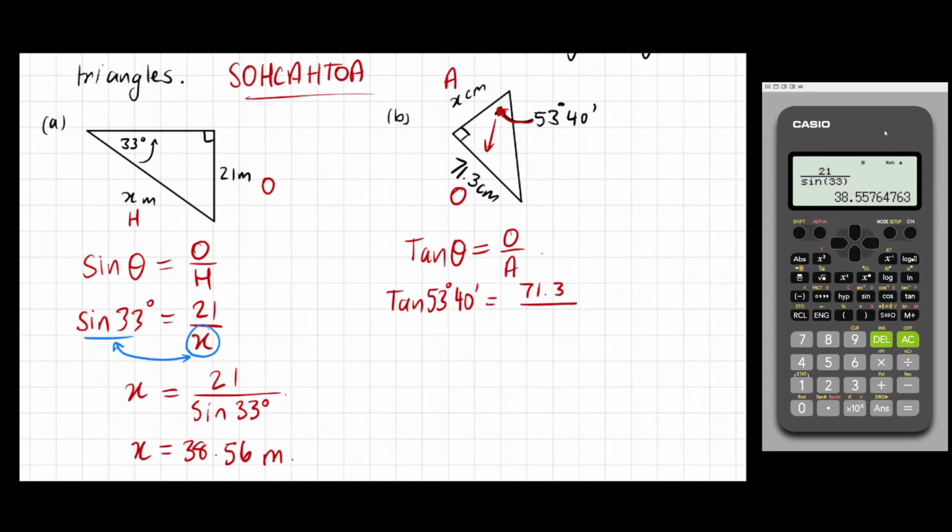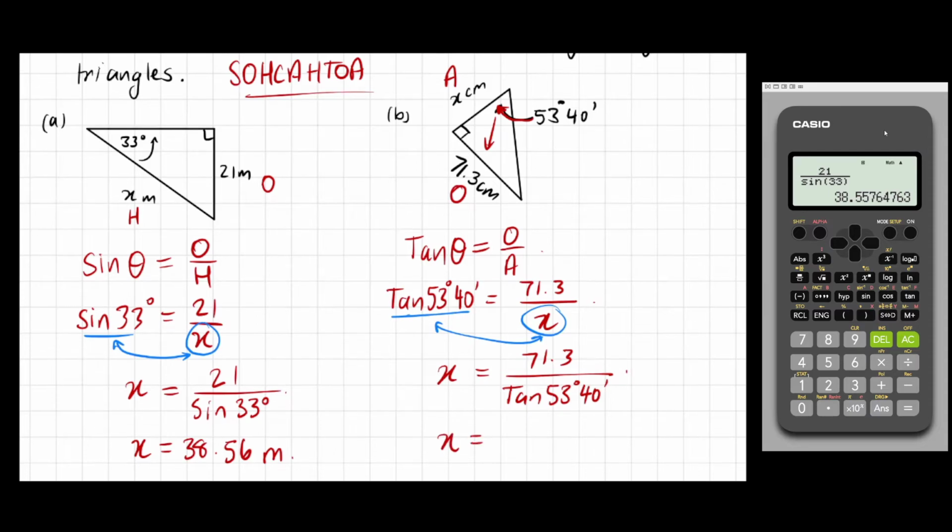My adjacent value in this case, and your letter might be different when you try these problems, but for right now, it's my x value. Now, just like before, because we have that pronumeral on the bottom, I can swap these two around. So swapping these two around, we get x is equal to 71.3 on tan 53 degrees and 40 minutes like this.